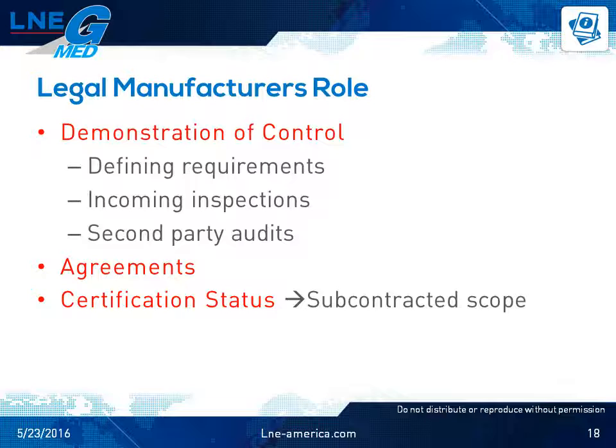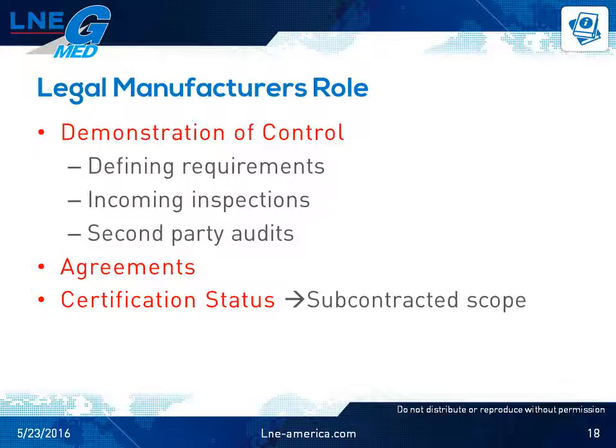I would like to stress the importance for the legal manufacturer to consider all applicable regulations and quality requirements, and that it is equally important from a business perspective for the subcontractors to understand the increasing level of scrutiny and demand on the quality of the services they provide. Legal manufacturers need to demonstrate control over the subcontract activities.